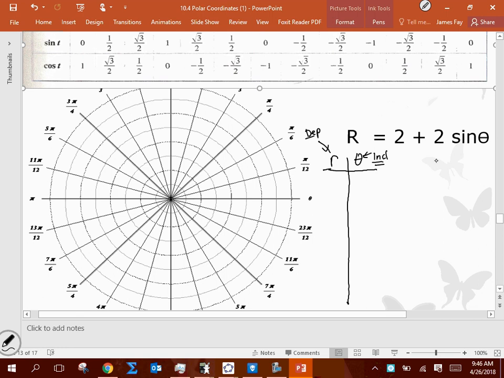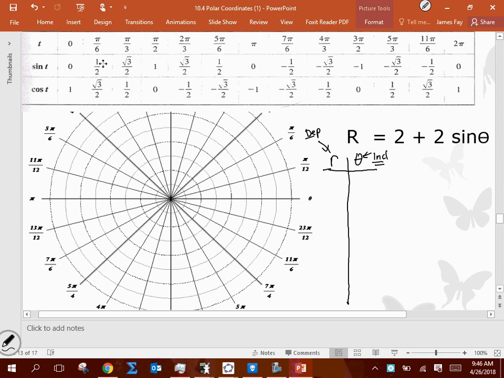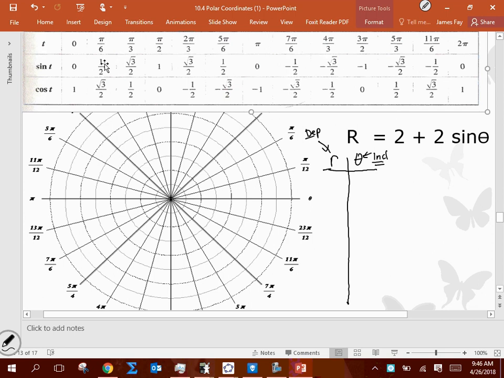So let's say I've just got the list here of thetas between 0 and 2 pi. Let's just plug in 0. If theta is 0, what's that going to turn into?